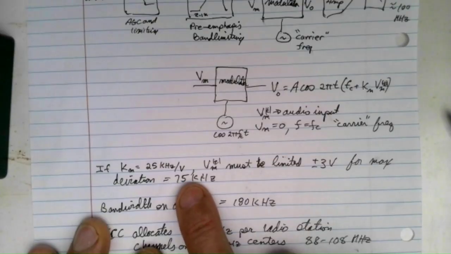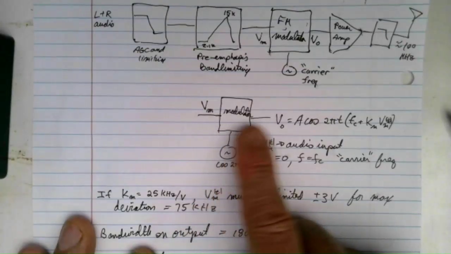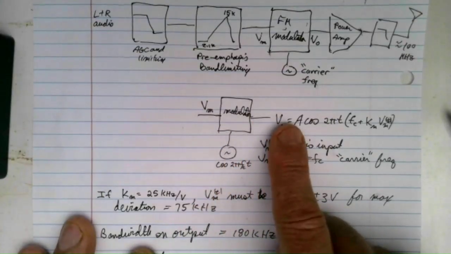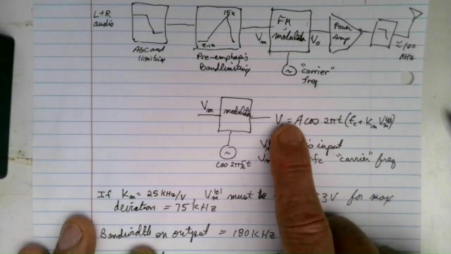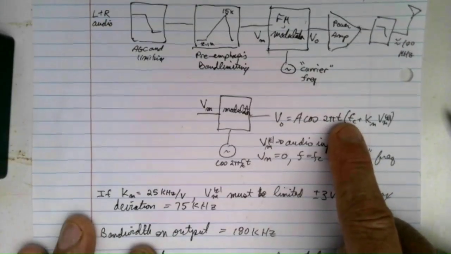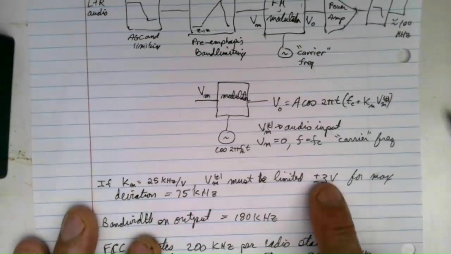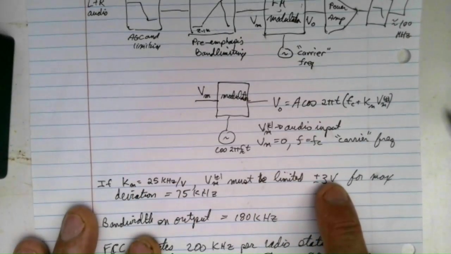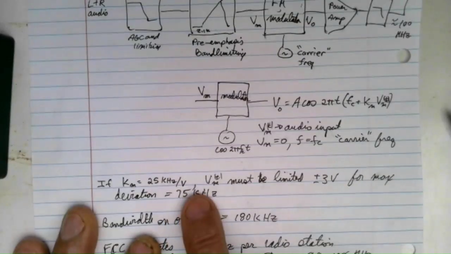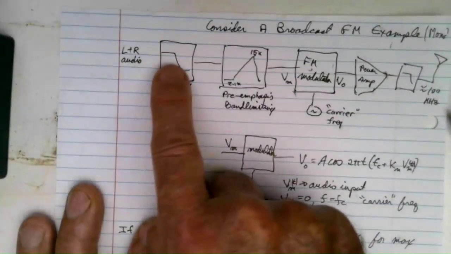Now, the Federal Communications Commission limits your broadcast FM stations to 75 kilohertz deviation, which means that if you don't want your frequency out of your frequency modulator to be off by more than 75 kilohertz from your center Fc, then for this Km you'd have to limit your Vm of t to plus or minus 3 volts, because that's what the FCC rule is. And that's why you need this block here.